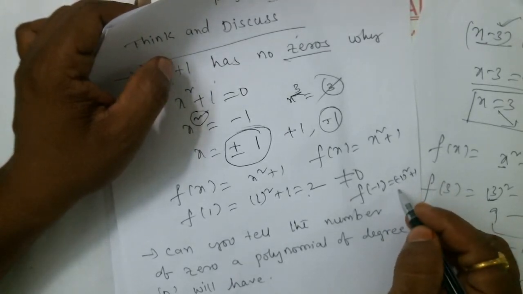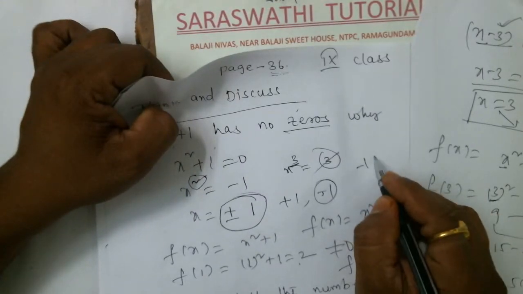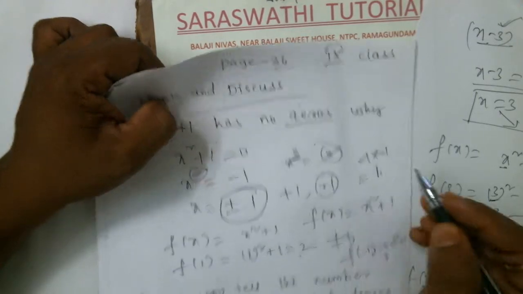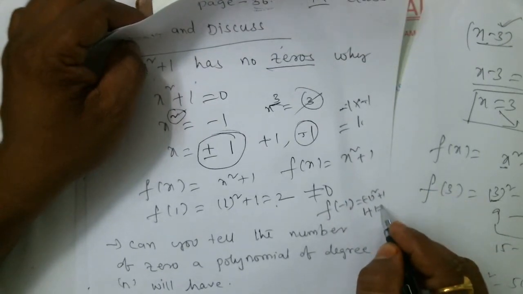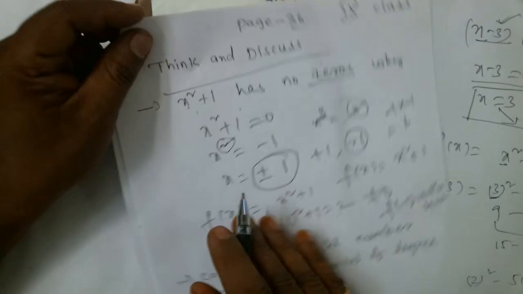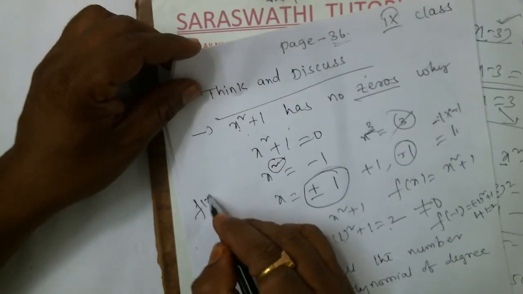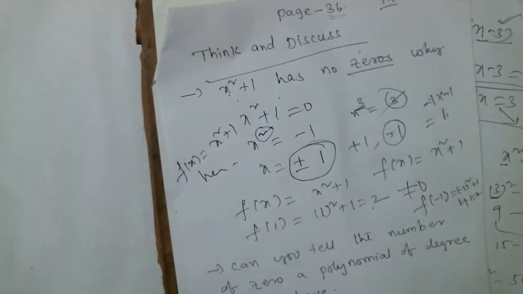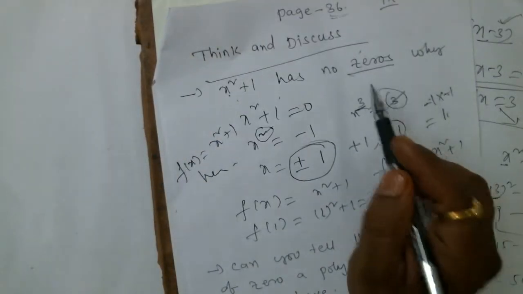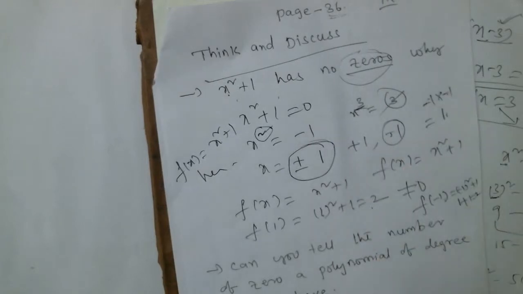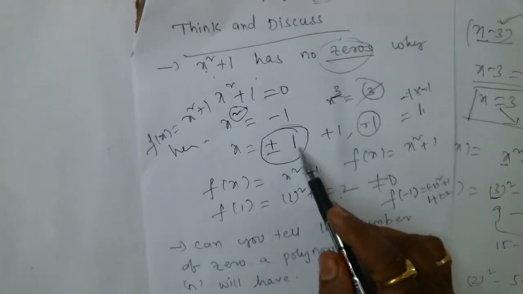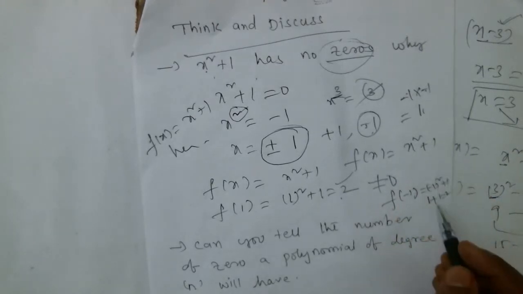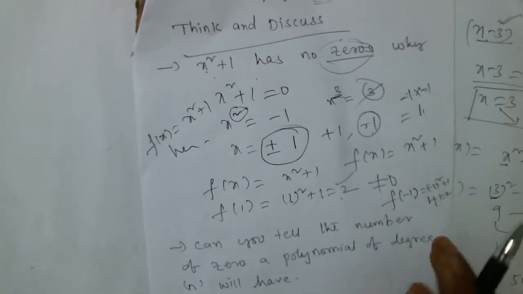Minus 1 square is 1 only, because minus 1 into minus 1 is equal to 1. So 1 plus 1 is equal to 2. So f of x is equal to x square plus 1 has no zeros. If you substitute plus 1, we got 2. If you substitute minus 1, we got 2 also. So it has no zeros.